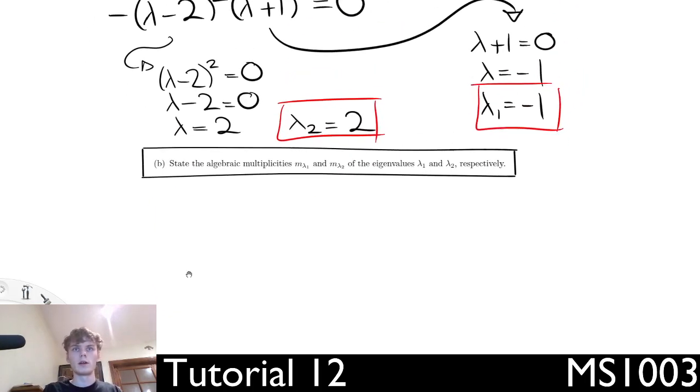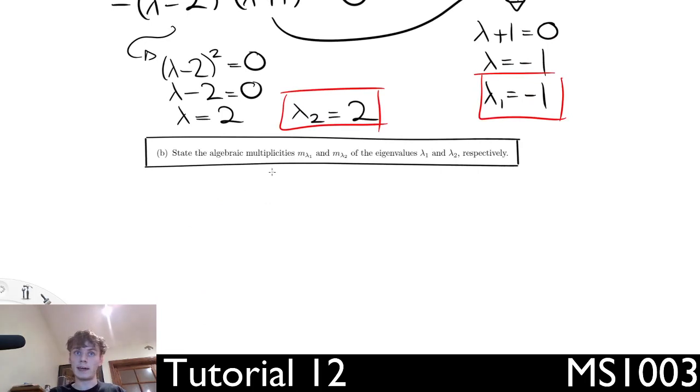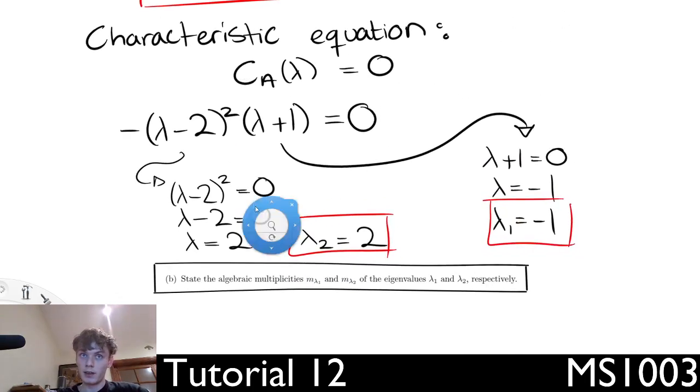So, part B, quick. State the algebraic multiplicities m lambda 1 and m lambda 2 of the eigenvalues lambda 1 and lambda 2 respectively. So the algebraic multiplicity is: go to the characteristic equation, look for the term associated with the eigenvalue you're talking about, and count how many times it's a root of the polynomial.